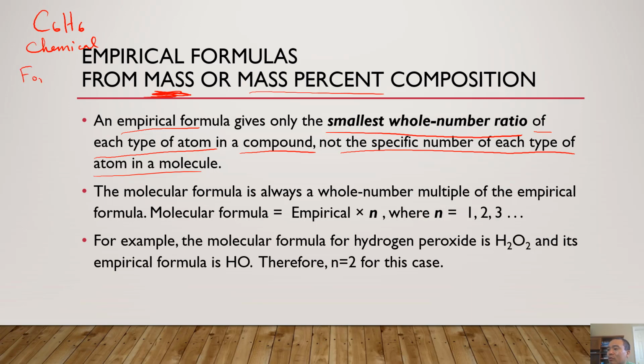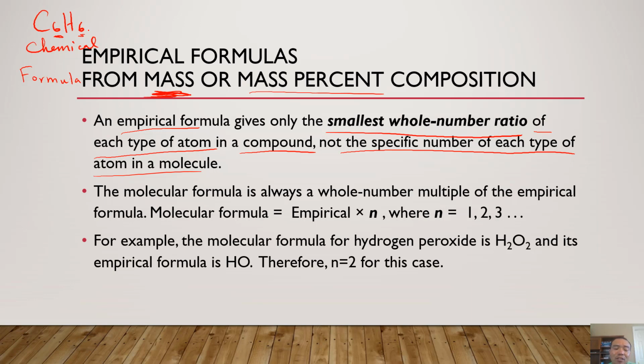If you recall, we have already talked about this in different representations of compounds, right? We are reviewing this. So that's the chemical formula, which tells you exactly how many atoms in each formula unit. In this formula, we have 6 carbons and 6 hydrogens.